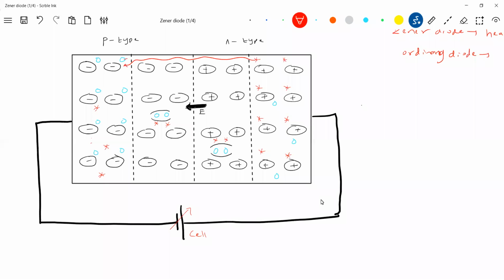Similarly, the most energetic holes will cross like this. And this is the diffusion current. Next, again, there's a minority carrier. By chance, due to thermal agitation, this hole is a minority carrier.